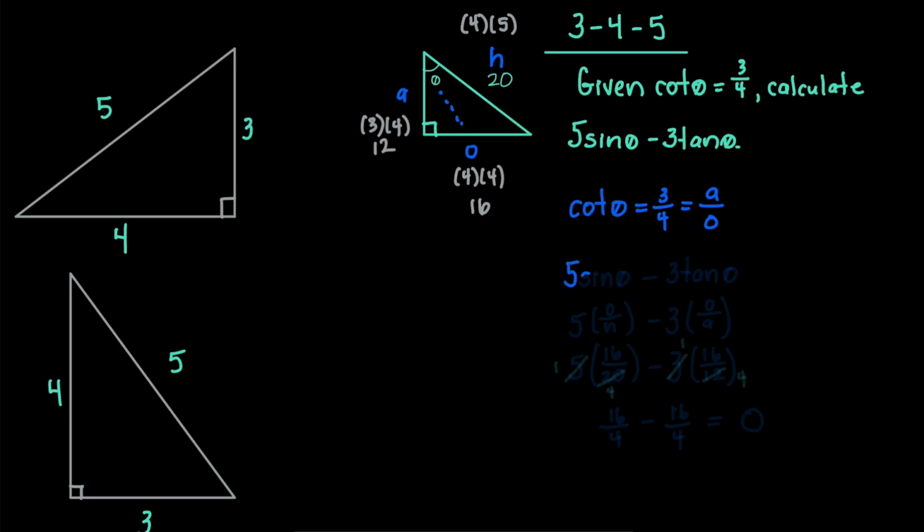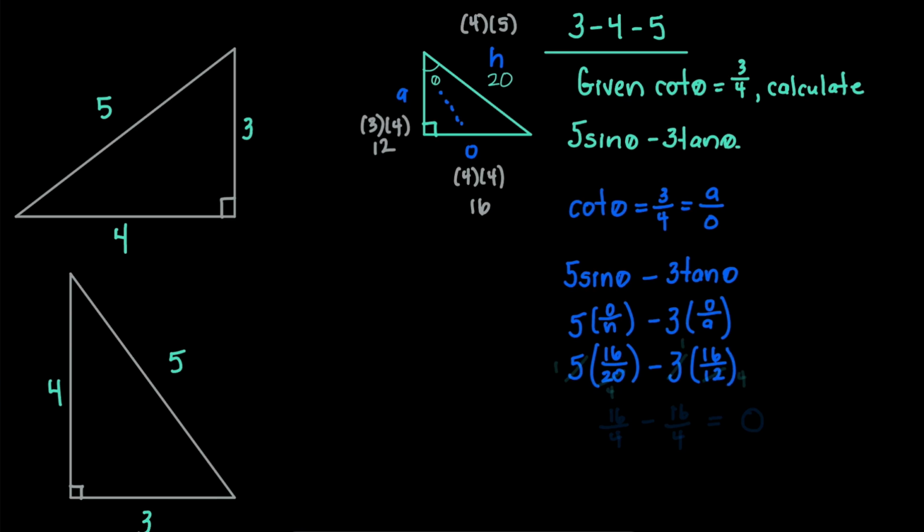So 5 sine theta minus 3 tangent theta. We know sine of theta is opposite over hypotenuse. Tangent is opposite over adjacent. So here we have 5 times 16 over 20 minus 3 times 16 over 12.